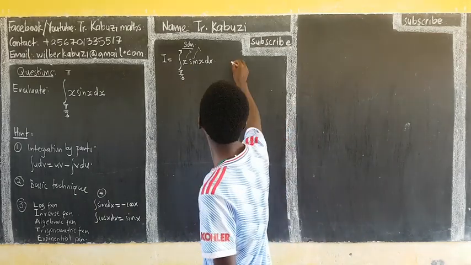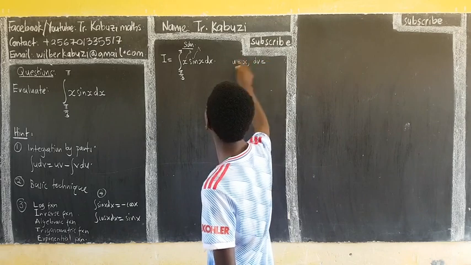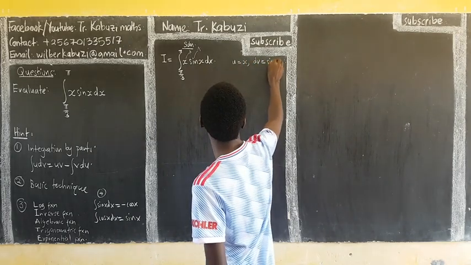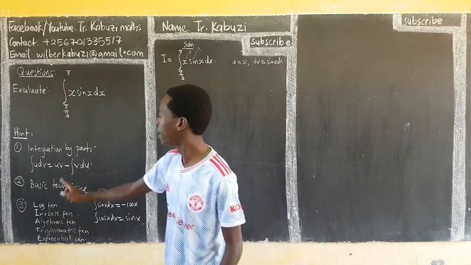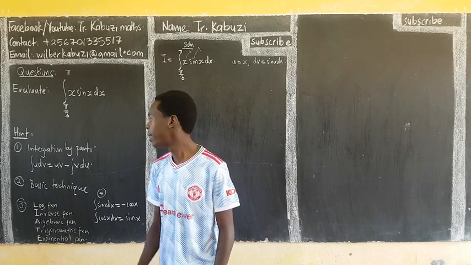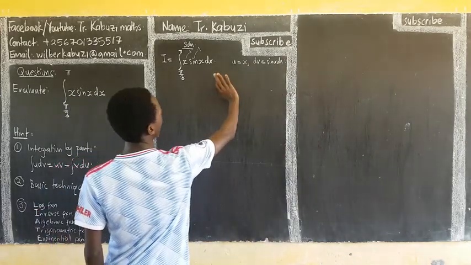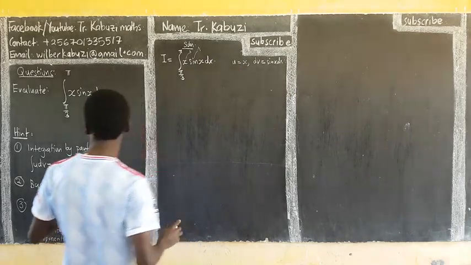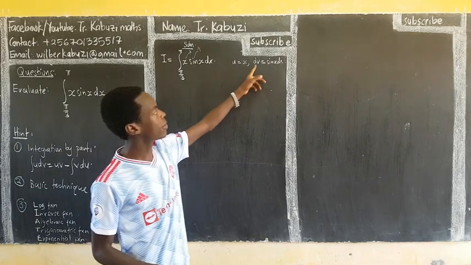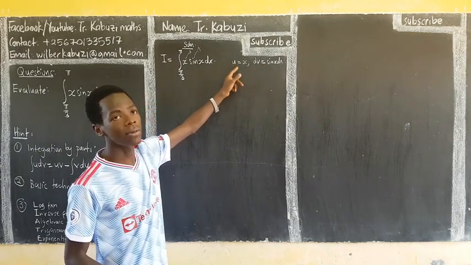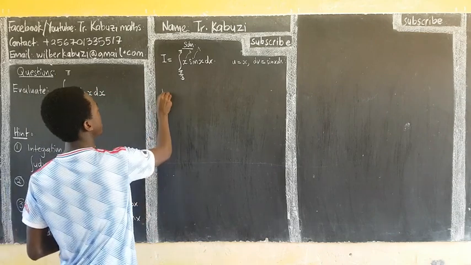So now our u is going to be x, then our dv is going to be sine x dx. Those who are going to use this formula, you can use it. But me, I'm going to use the basic technique. All you need is the u and the v. When you integrate this, you get the v. When you differentiate this, you get the du. As simple as that. And now let me use the basic technique.